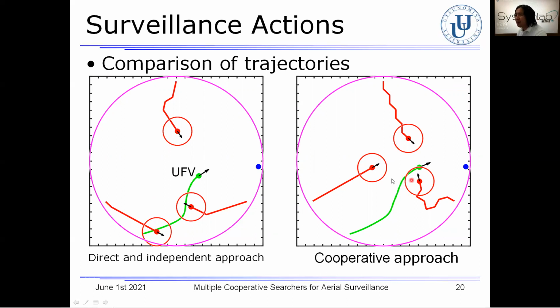As a result of the cooperative actions, the searchers succeeded in detecting the UFB. These results show that the searchers learned the cooperative actions which are effective for surveillance based on the state defined by the target UFB and other searchers.